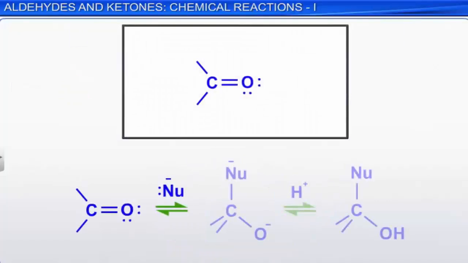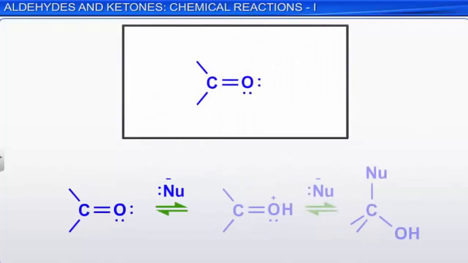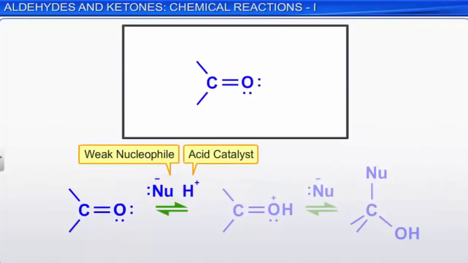If the nucleophile is strong, it will readily attack the carbonyl carbon. The resulting addition product can be readily protonated by the solvent or by the added acid. However, if the nucleophile is weak, then it requires an acid catalyst to make the nucleophilic addition reaction occur at a reasonable rate.